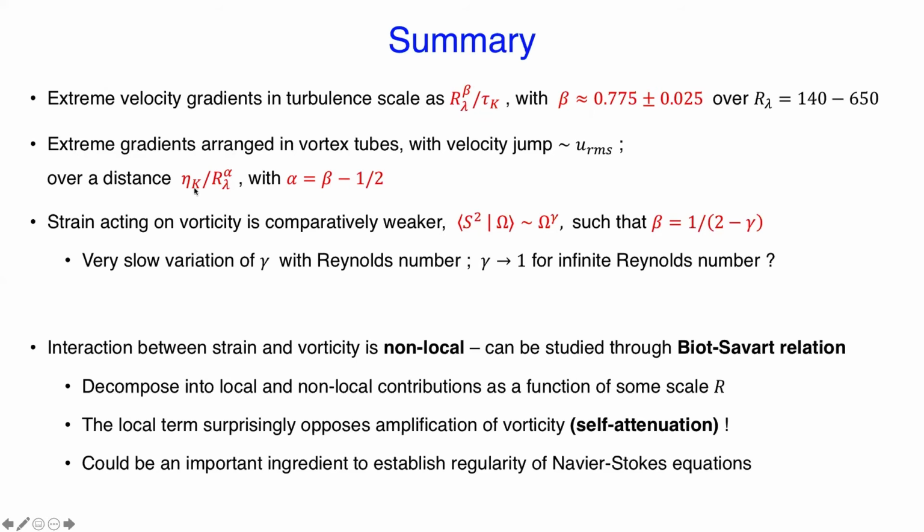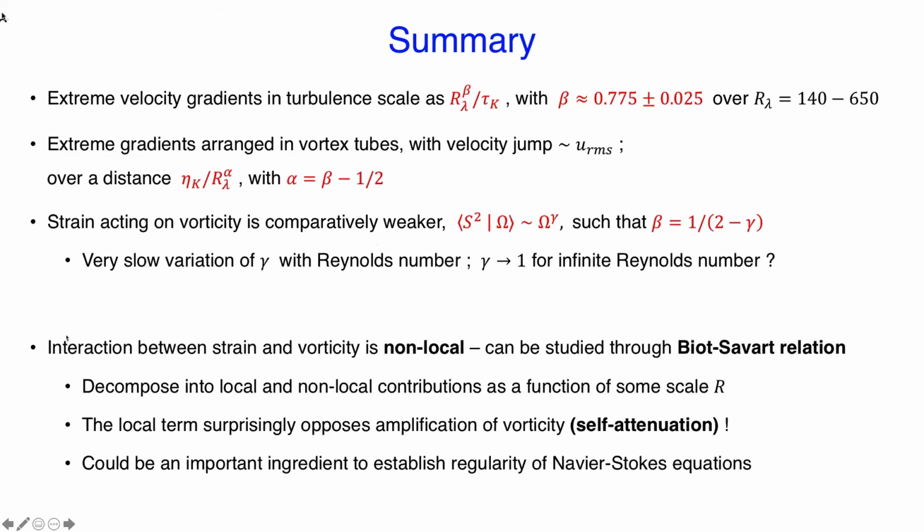To explain the origin of these exponents, we looked at the interaction of strain and vorticity in the flow, where we found that the strain acting on vorticity is comparatively weaker, with some exponent gamma less than 1, and we could relate this exponent to the alpha and beta that we found earlier.